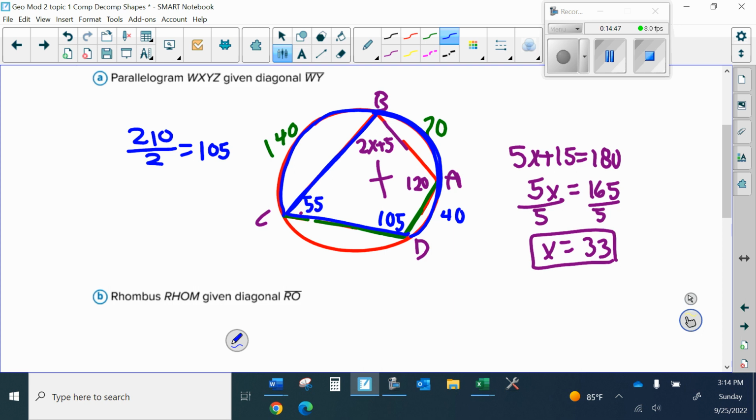Now, don't forget, once I have one of those angles, I know I can get the opposite by them being supplementary. So if that's 105 there, then this has to be 75 to add to 180.